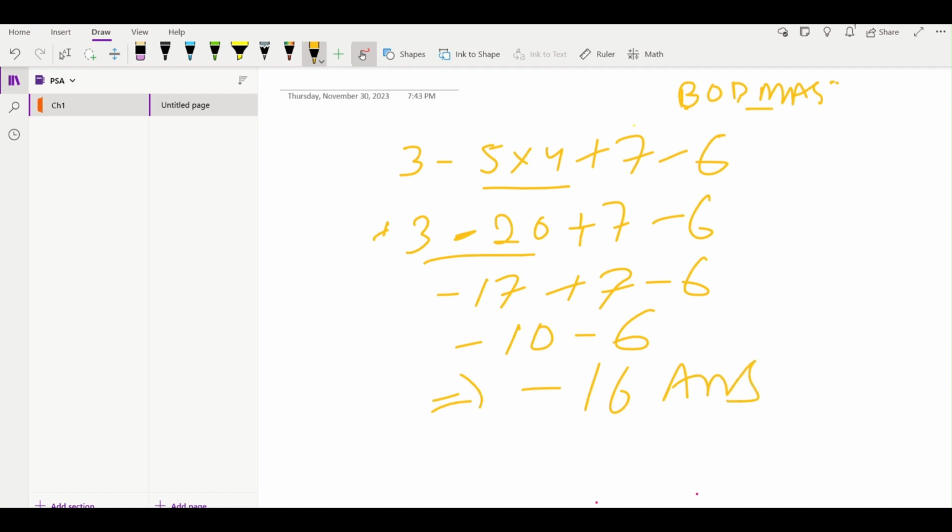If we do this according to BODMAS, we will never make a mistake; otherwise we will. So that is the first concept.